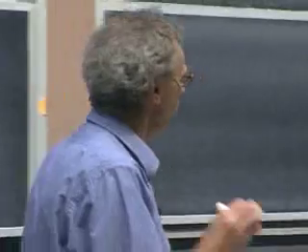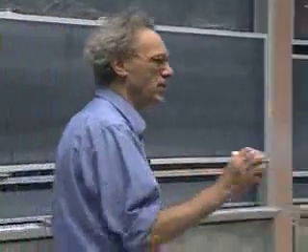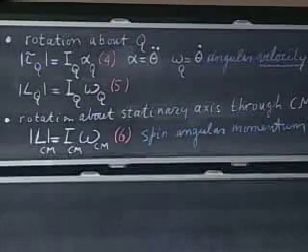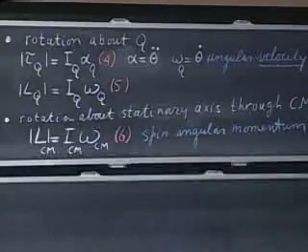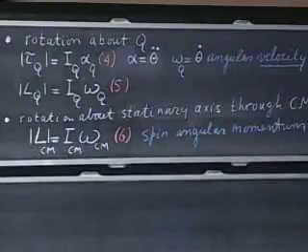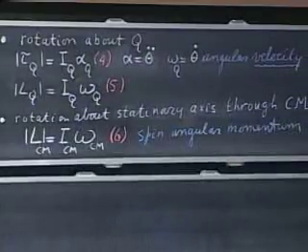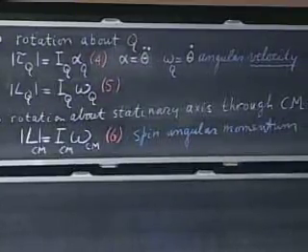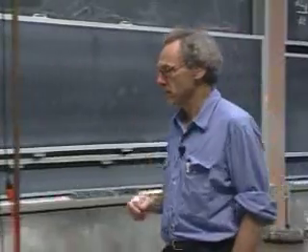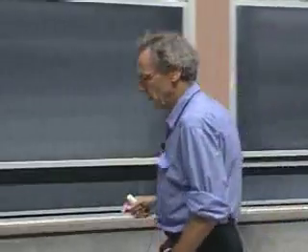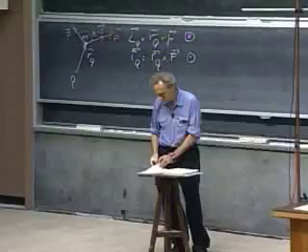In case that you do have a rotation about an axis through the center of mass, a stationary axis through the center of mass, then the angular momentum is intrinsic in the sense that you don't have to specify the point about which you take the angular momentum. You can take any point and you always find the same, which is not true in this situation. So that makes the intrinsic angular momentum quite unique.